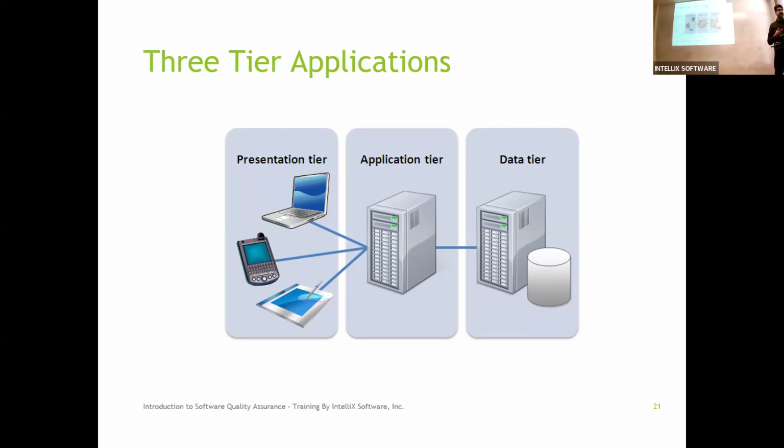Most companies started utilizing more and more computers, and as they did, they realized there's not only the data and the code, but there are three aspects to it. That's when they started breaking applications into three-tier applications.